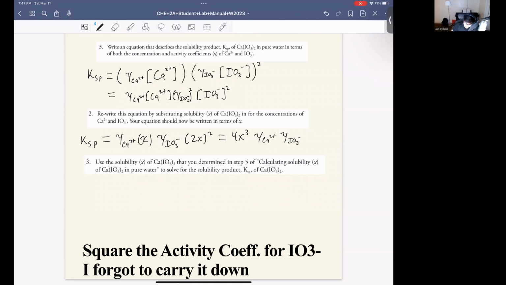Right, so the value you're going to get for these, so this is going to be KSP is equal to the activity coefficient of calcium times the activity coefficient of iodate, sorry, times the concentration of calcium to the third, sorry, times 4.